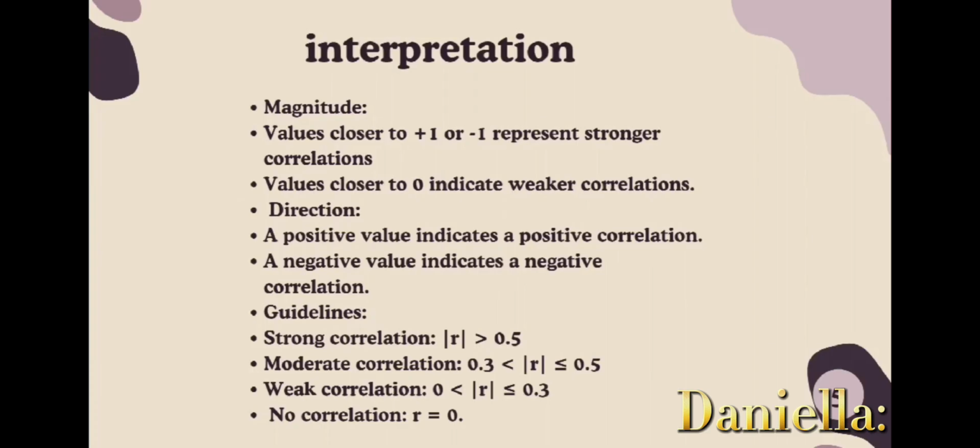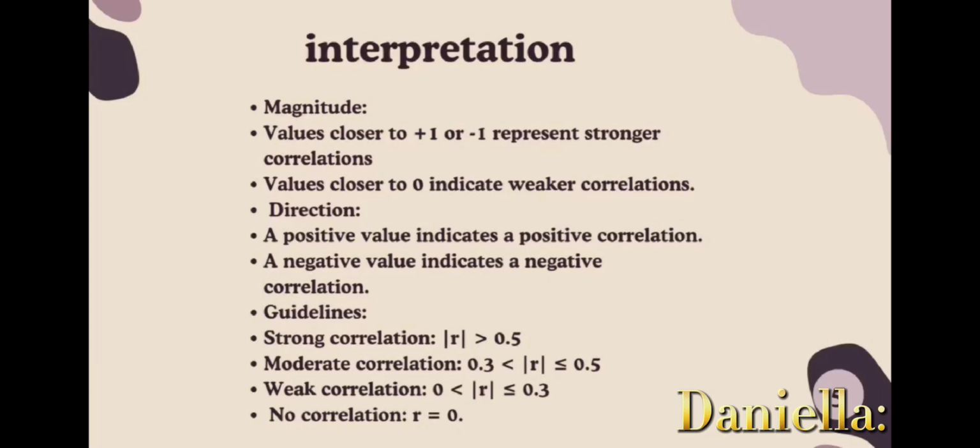Interpretation. In magnitude, values closer to +1 or -1 represent stronger correlations. Values closer to 0 indicate weaker correlations. In direction, a positive value indicates a positive correlation. A negative value indicates a negative correlation.